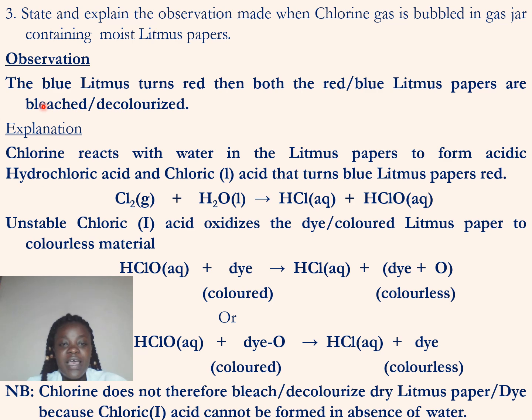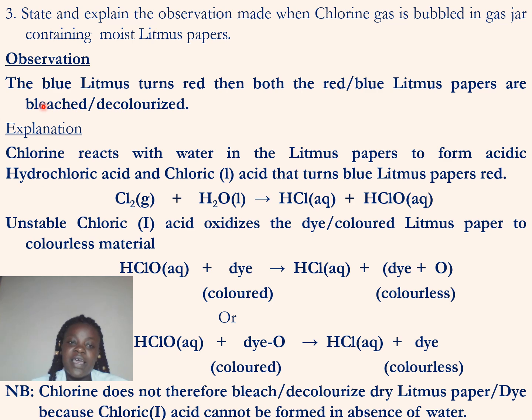Then after some time, both litmus papers will be decolorized, or what we call bleaching. Okay, meaning there is a bleaching agent that is formed when we react chlorine with water. So first, the blue will turn to red, the red will remain red.